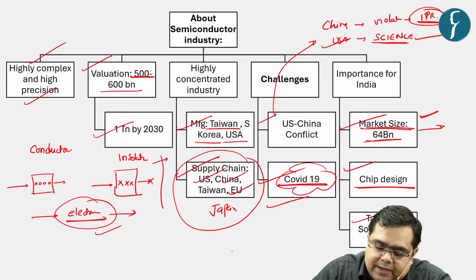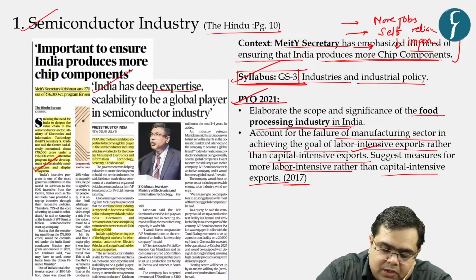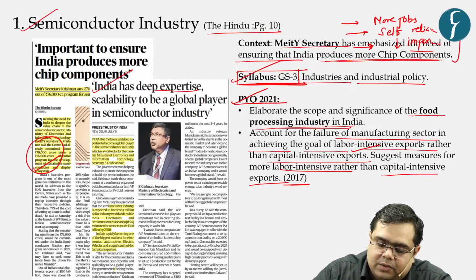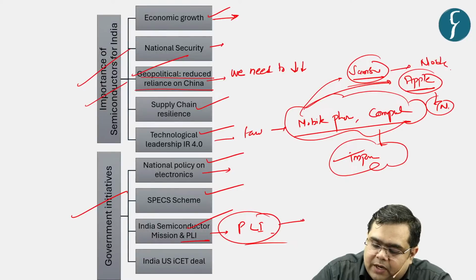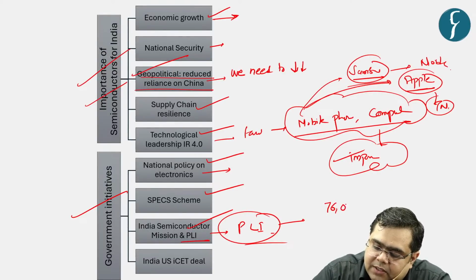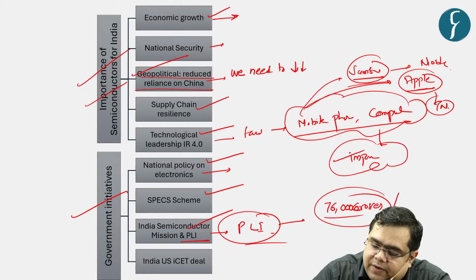So in this context, this was the news that out of the 76,000 crores, this Production Linked Incentive scheme had a component of 76,000 crores. And out of those 76,000, 70,000 crores had been paid already.